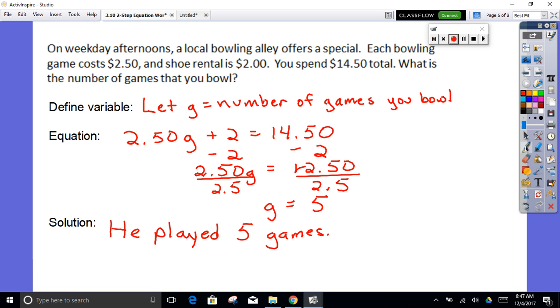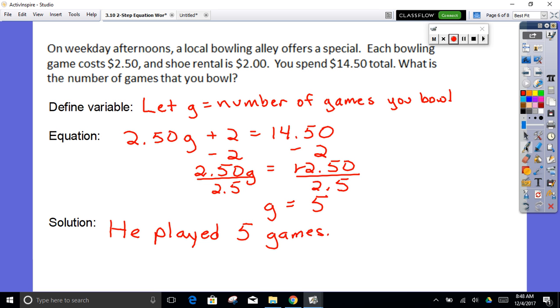The reason it's important to write your solution in the form of a sentence is a lot of times people get so involved solving the equation, they come up with an answer that makes no sense whatsoever. Like it's really big or really small and it doesn't make sense. And then they don't even remember what it stood for, so they don't even know that it didn't make sense. So this makes sense. You might play about 5 games when you go bowling, right?